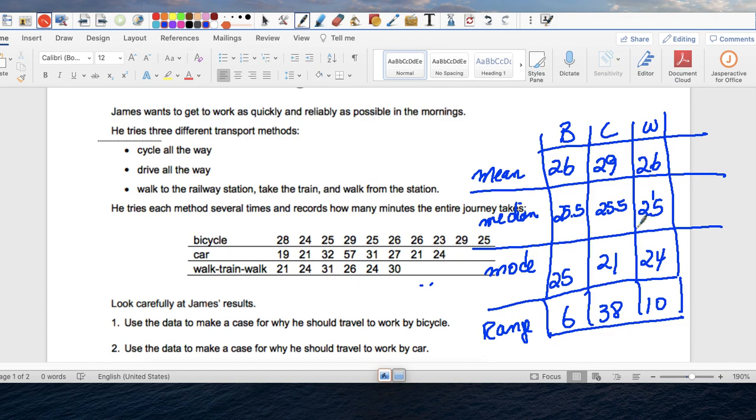But here's the thing. The range is only 6, meaning that for the bicycle, all your numbers are closer together, right? The range is not as varied, not as large, which means the numbers are not too varied. So the range is smaller, so it makes the case here for the bicycle a little stronger.